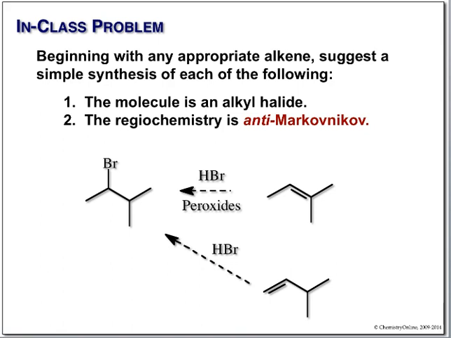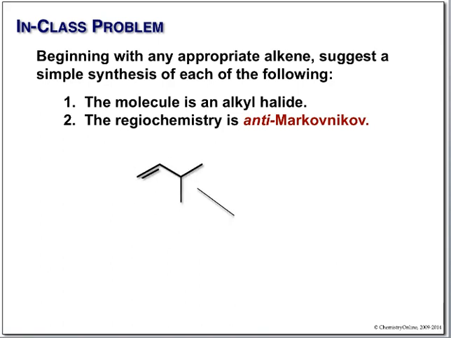No. Not at all. Why is that? It's not anti-Markovnikov, because this is stepwise. We're going to form a carbocation, and it's going to rearrange. It would look something like this.